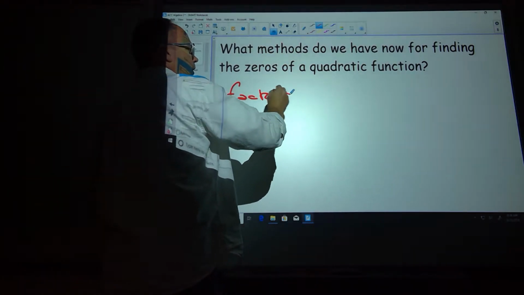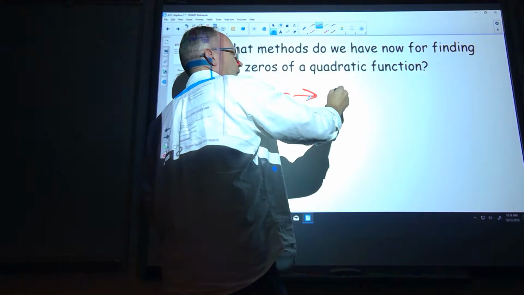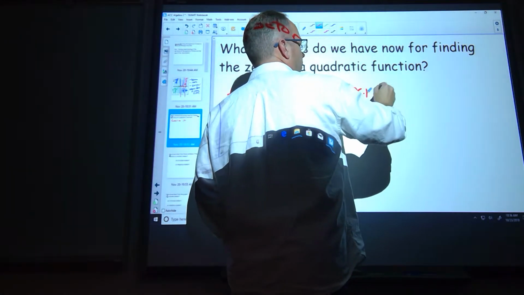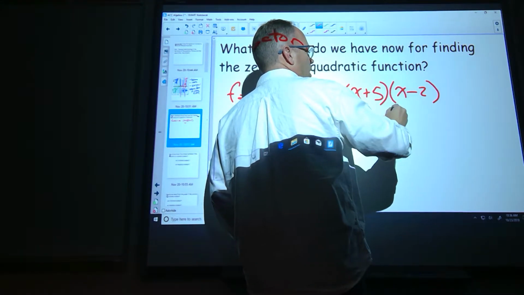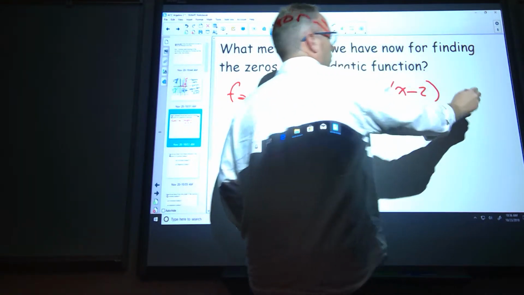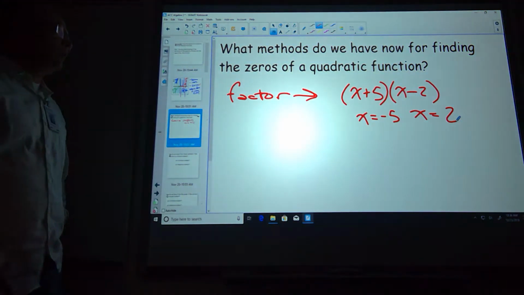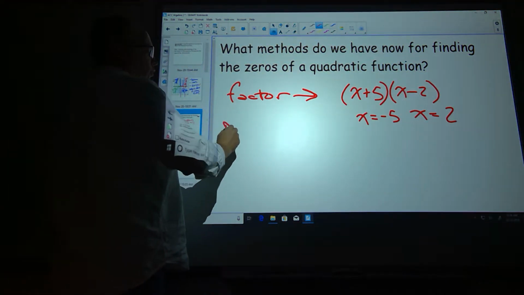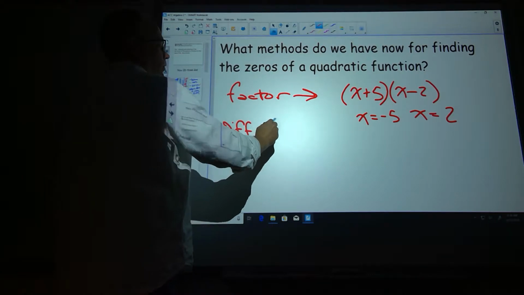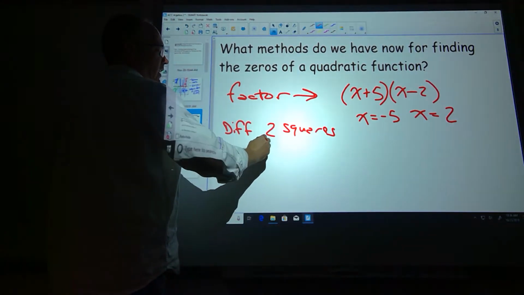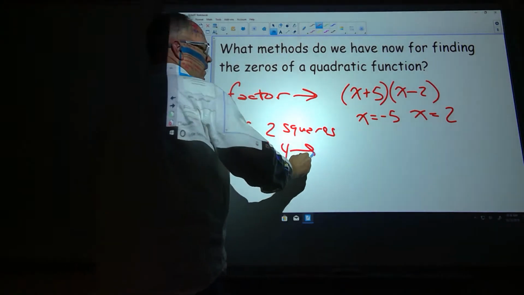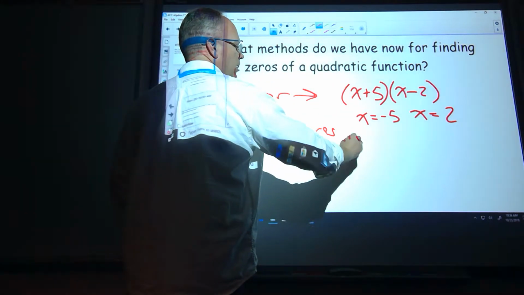We know how to factor, right? Factor, and then you set these equal to 0. So that's one way. You do have the difference of two squares. You might recognize that if you had x squared minus 4, that would break to x plus 2, x minus 2.